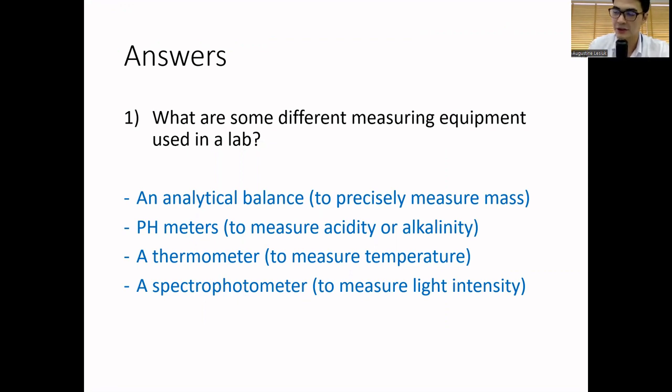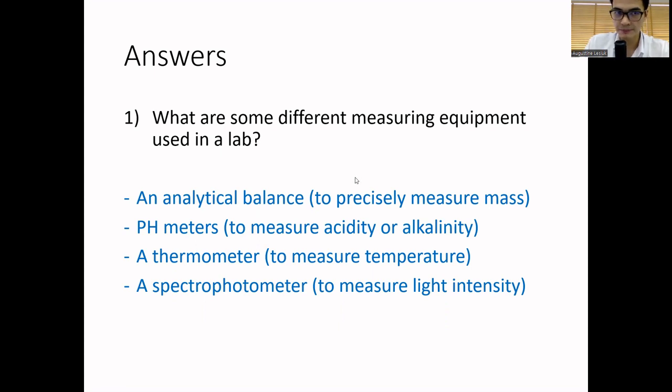All right, so this is dealing with the acidity of a chemical or a solution. And next, a thermometer, which is used to measure temperature, right? So how many degrees Celsius, Fahrenheit. And lastly, a spectrophotometer, which is used to measure light intensity. So this one is related to the measurement of light. So those are the answers for the first one.